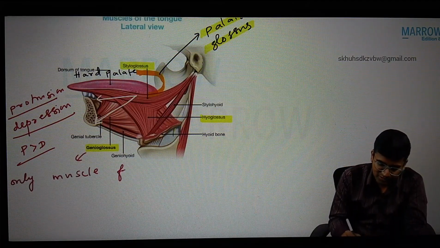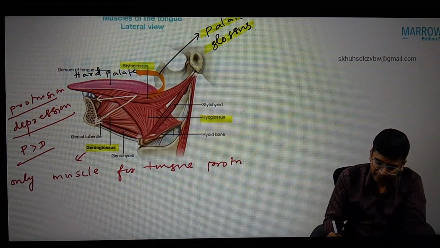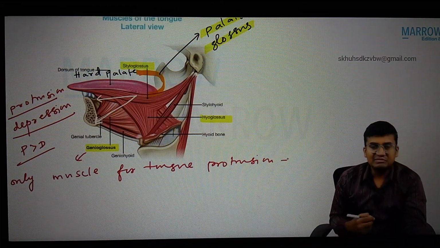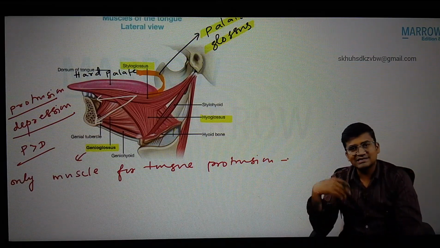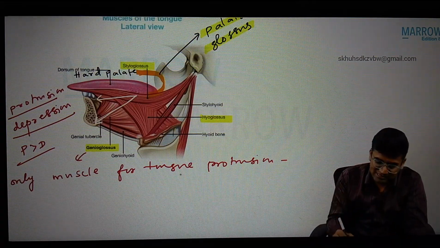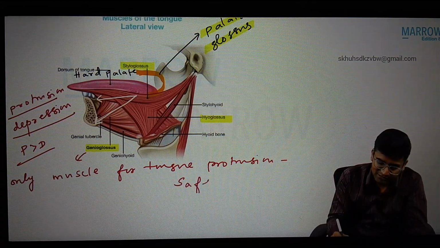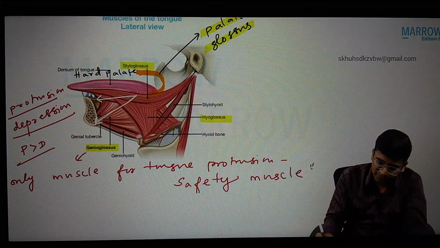If the muscle is not there, then the tongue will roll back and occlude the oral passage and nasal passage. That is why the genioglossus muscle is called the safety muscle of the tongue.